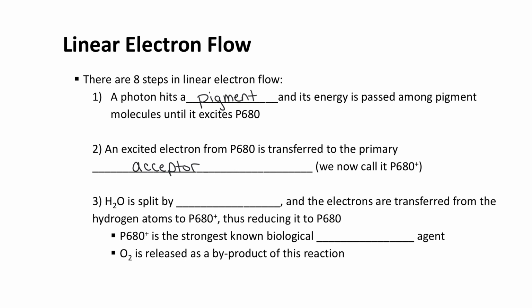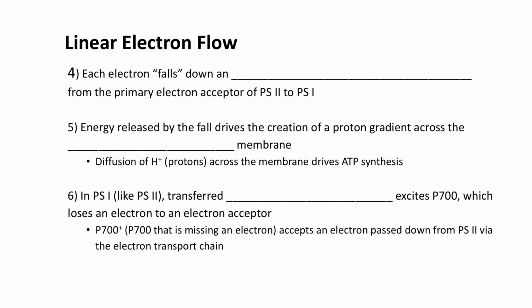Water is split by enzymes, and the electrons are transferred from the hydrogen atoms to the P680+, thus reducing it to P680. P680 is the strongest known biological oxidizing agent. Oxygen is released as a byproduct of this reaction. Each electron falls down an electron transport chain from the primary electron acceptor of photosystem 2 to photosystem 1.